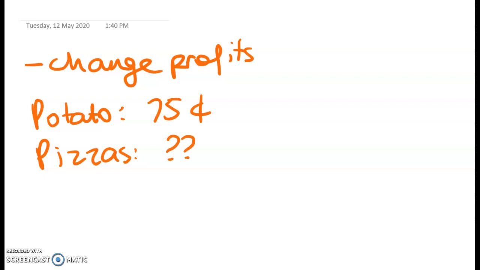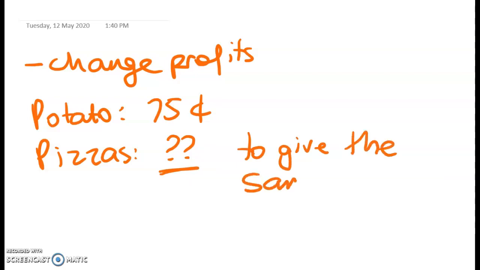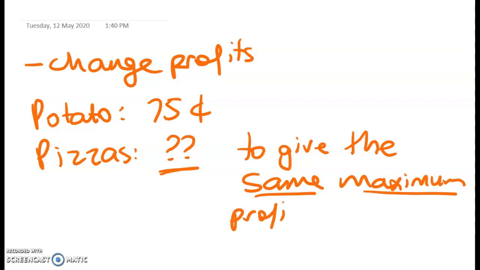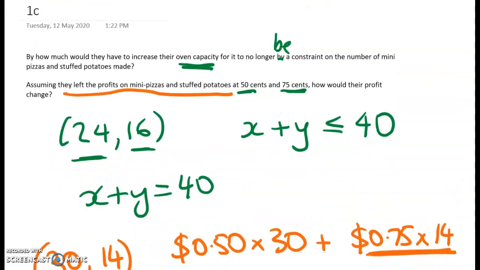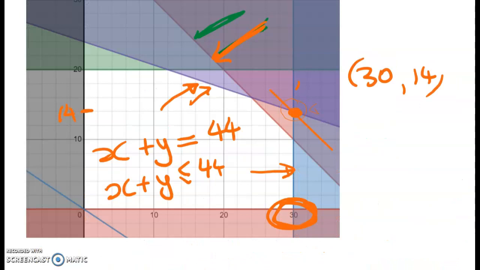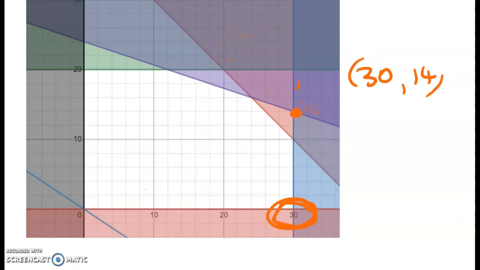And what they want to do is to figure out what price to give the same profit and the maximum profit at C and D. So let's go back to the graph and see which points we're talking about. Here's the graph. Let's take all of that stuff off. So points C and D are these 2 points here.